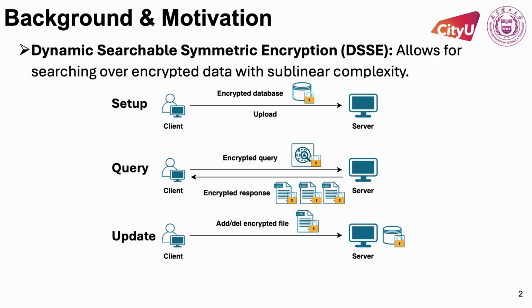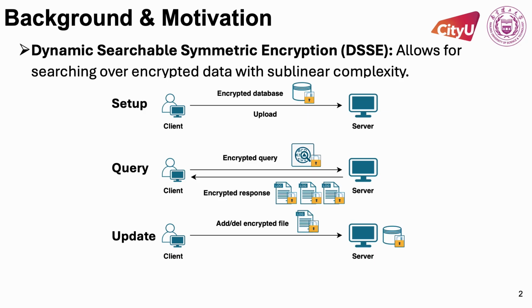The first is setup. The client encrypts the data file collection, transforming it into an encrypted database, which is then uploaded and stored on the third-party server. The second is query. When the client wants to retrieve specific files, they raise an encrypted query to the server.